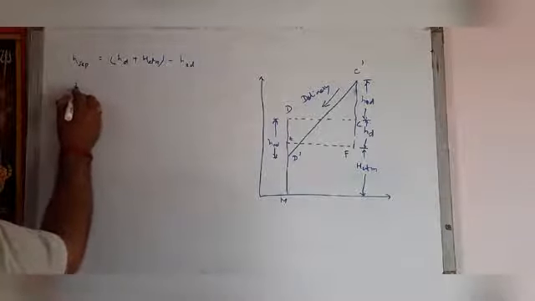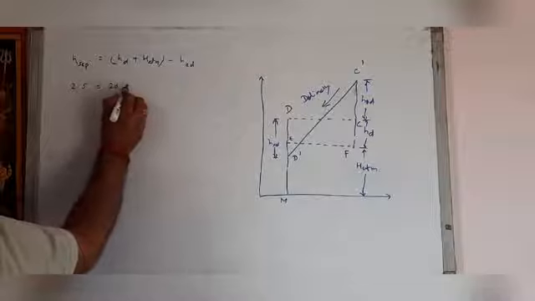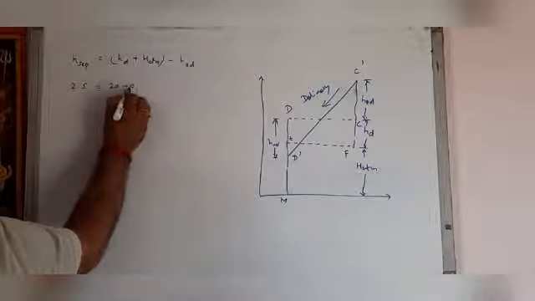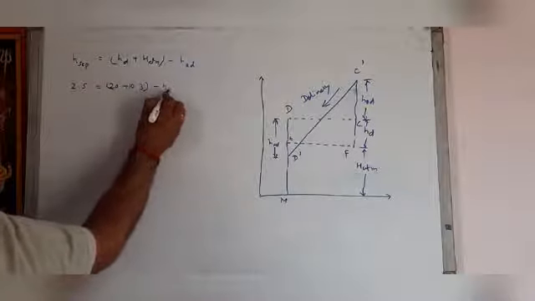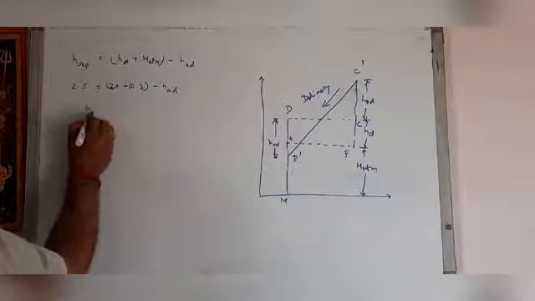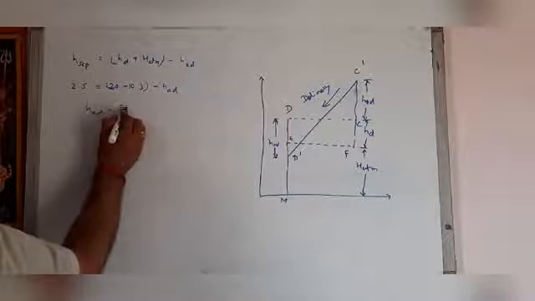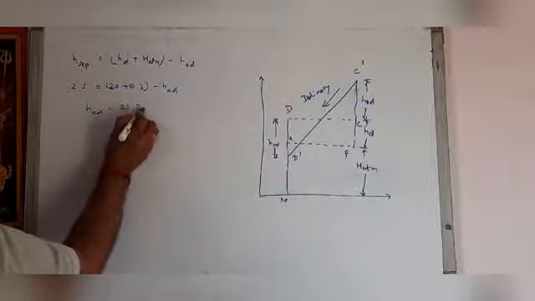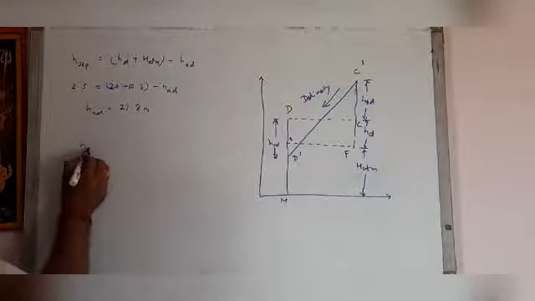Putting the values here, 2.5 equals 20 plus 10.3 minus HAD. So the value of HAD comes 27.8 meter.